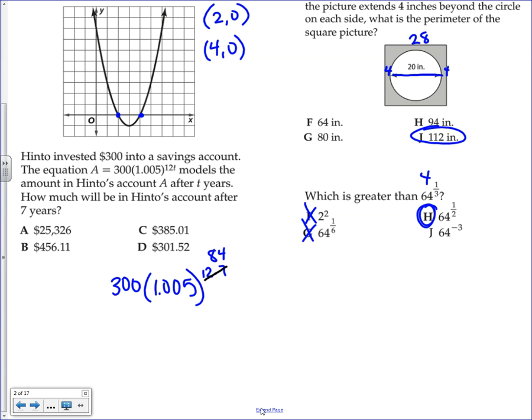Got an answer for me, Dalton? So letter B? Awesome. Does anybody have any issues with that? Now, in the calculator you're using, you're going to have to do this 1.005 to the 84 first, and then you're going to multiply it by the 300. That makes sense? Anybody have any questions on the warm-up?